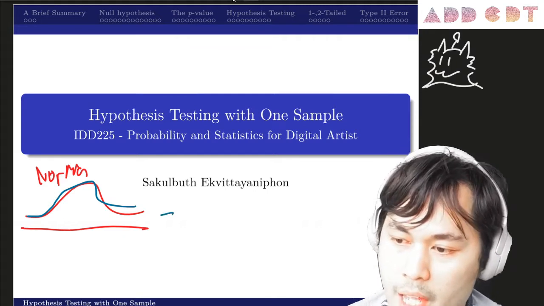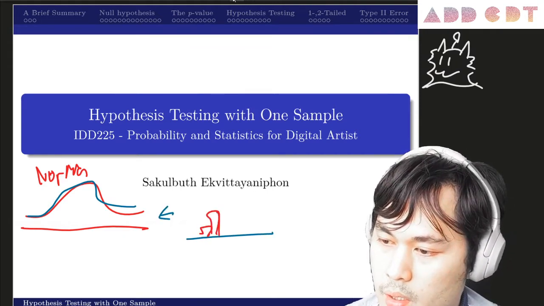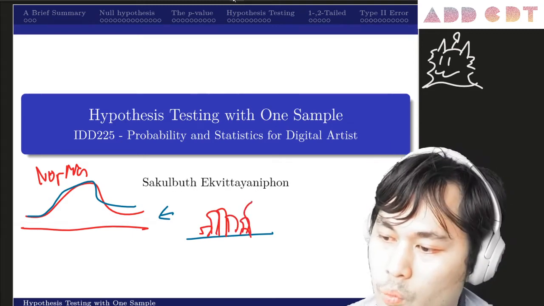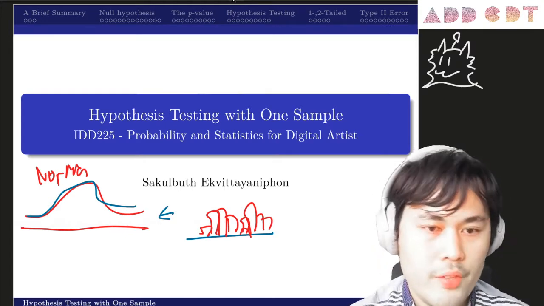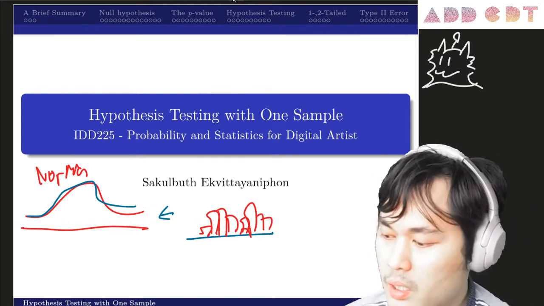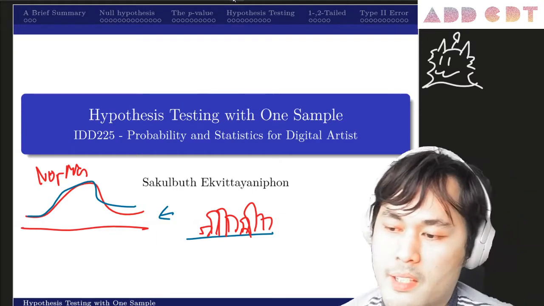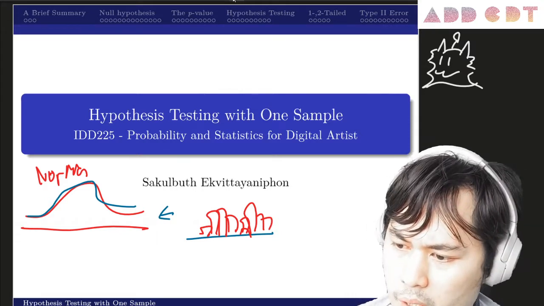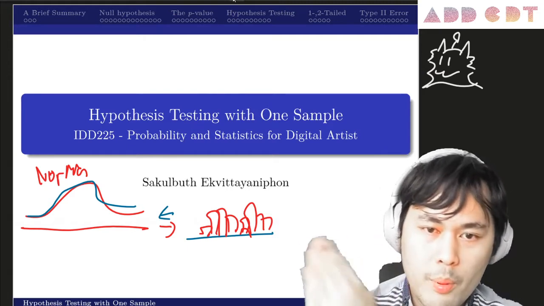This one is ideal, but in the real world we cannot get a continuous distribution. We only get a few samples, maybe 100, 1,000, or however many you can do. And from that small set of samples, what can we say about the actual population?